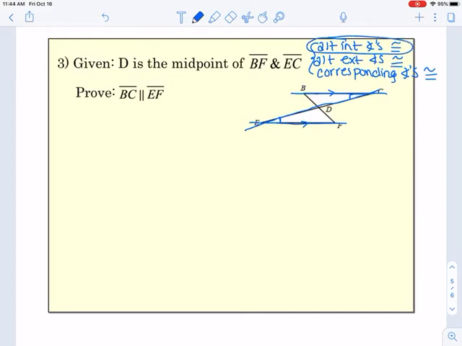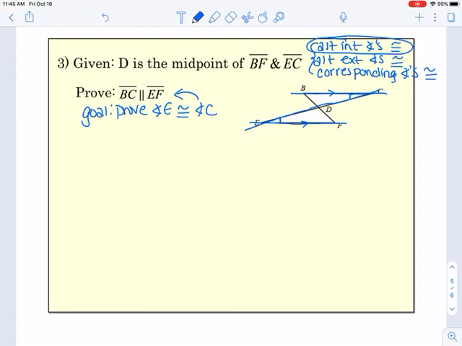So if I can show that angle C is congruent to angle E, then I'll be able to state that BC is parallel to EF because they're alternate interior angles. So my goal is to prove that angle E is congruent to angle C. Again, once I do that, then I'll be able to say that the two lines are going to be parallel.